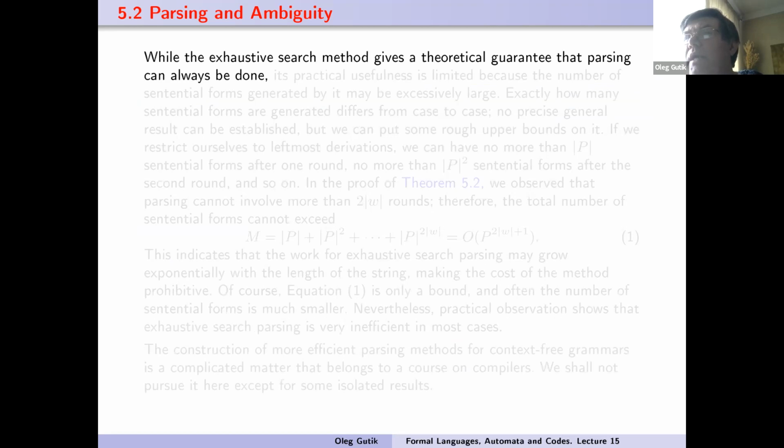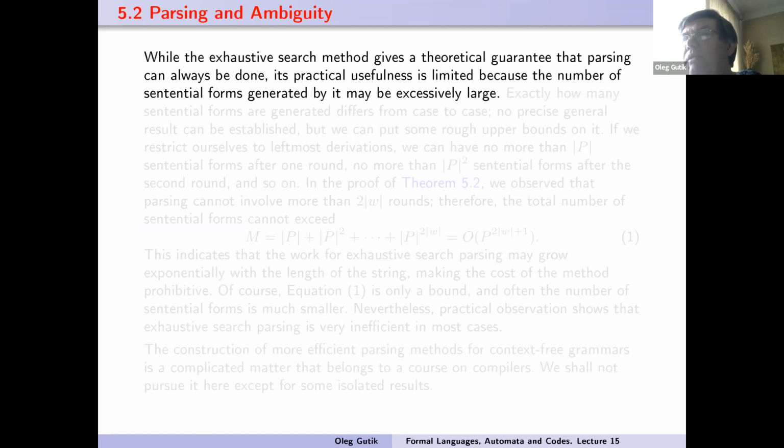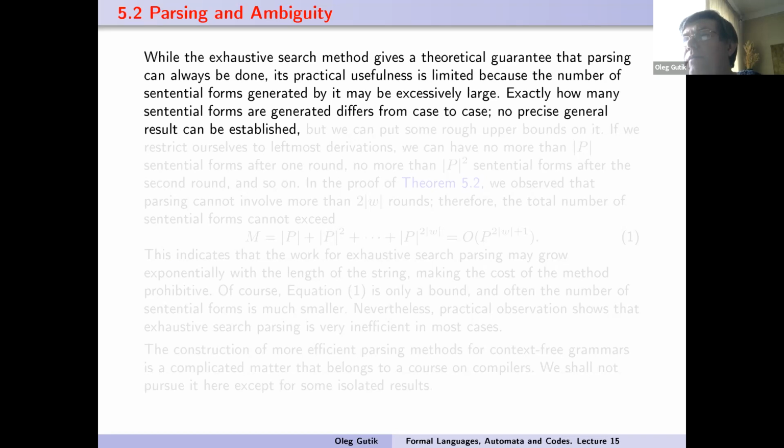While the exhaustive search method gives a theoretical guarantee that the parser can always be done, its practical usefulness is limited because the number of syntactical forms generated by it may be excessively large. Exactly how many syntactical forms are generated differs from case to case.